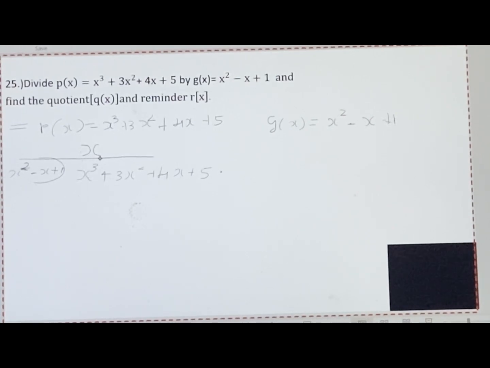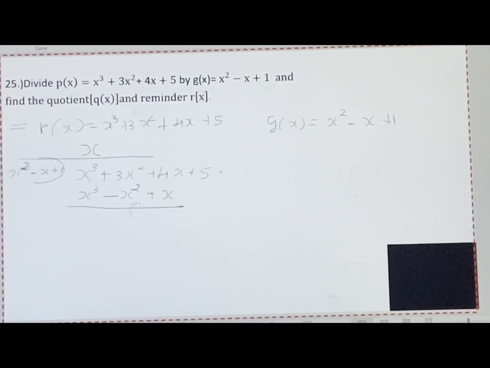So now I'll multiply this x with the given divisor and I'll write it here. So x into x square is nothing but x cube. x into minus x is nothing but minus x square. Next, plus 1 and x is nothing but plus x.